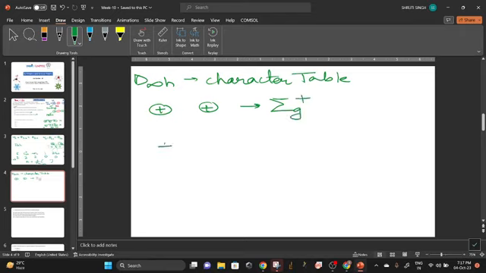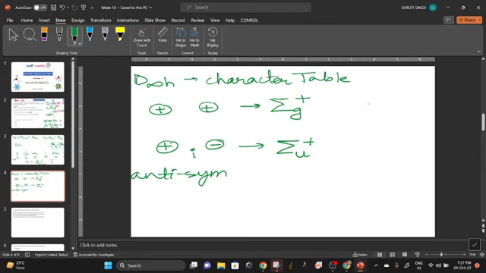And this plus minus combination is antisymmetric with respect to I only, so instead of g it will be u. Since it is antisymmetric, this changes to u.